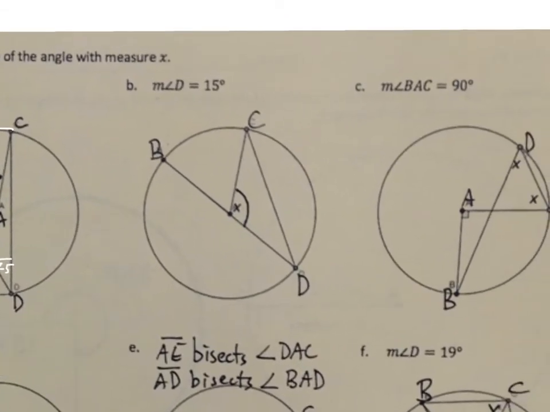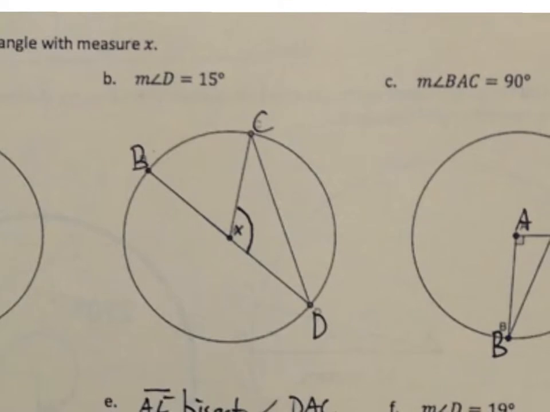For question B, if it's 15 degrees here in the picture, notice I'm putting it in the picture, and I'm looking for angle X, there are a few ways to figure this out. One of the cool things to think about is this triangle right here, I'll highlight it in blue.